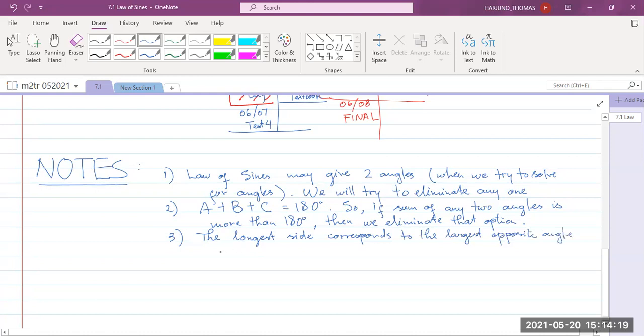The shortest side corresponds to the smallest opposite angle.